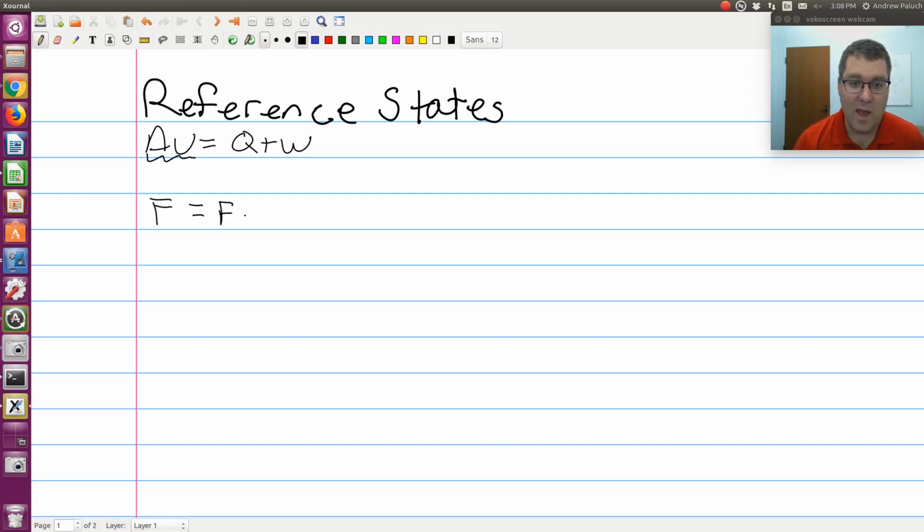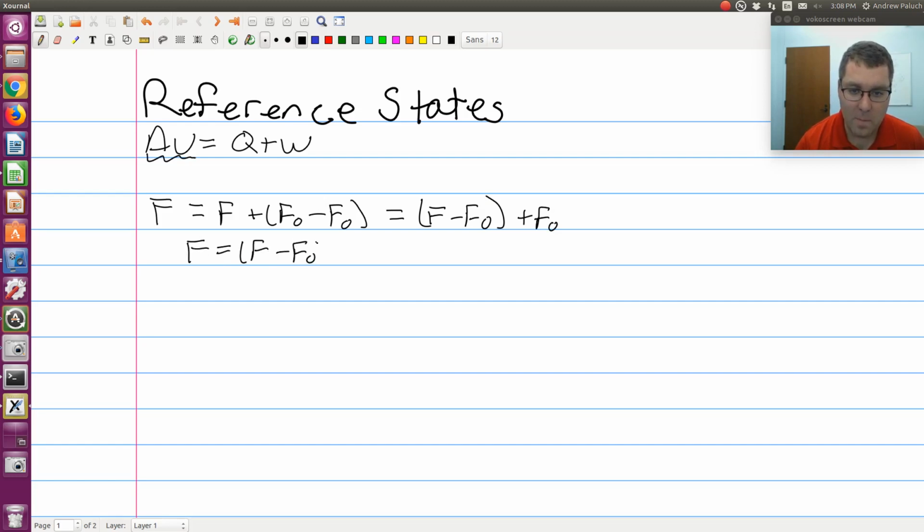So f is equal to f plus f naught minus f naught. f naught minus f naught is just 0, and anything plus 0 is that anything. I'm going to rearrange this so that f is equal to f minus f naught plus f naught.